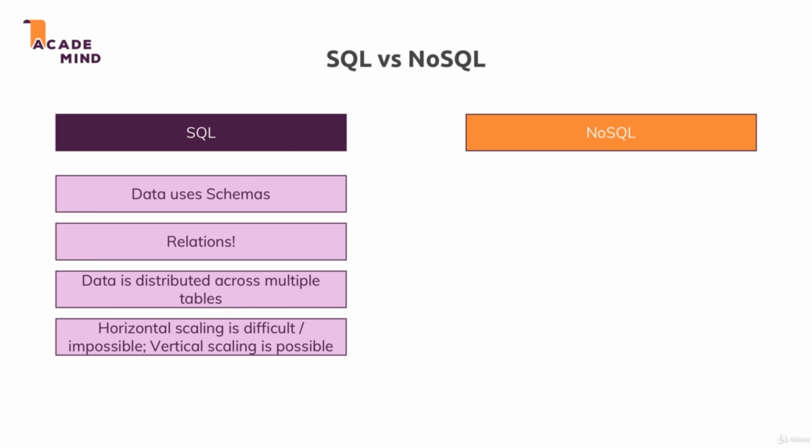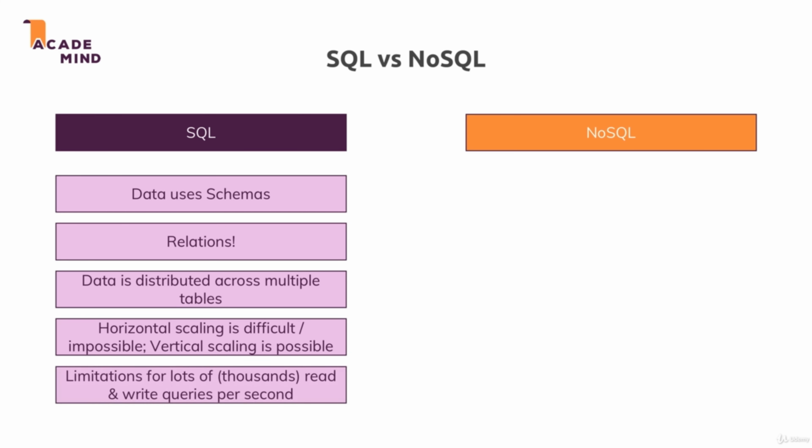You can of course add more servers, but running them all on one shared database is pretty difficult. Vertical scaling is easily possible. You can simply make your server stronger, but adding more servers can be very hard or even impossible, so definitely not trivial.